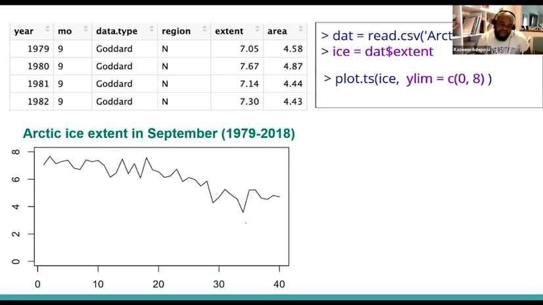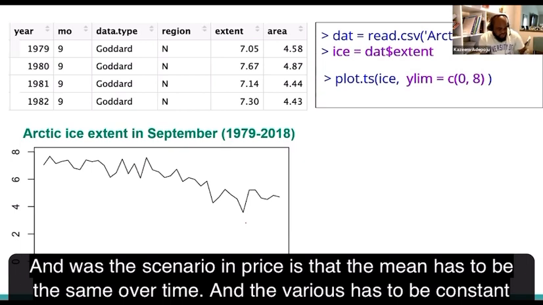Don't forget that one of the assumptions in time series is stationarity. What stationarity implies is that the mean has to be the same over time, and the variance has to be constant over time. And of course, that is why the very first point of call is to generate a time series plot.